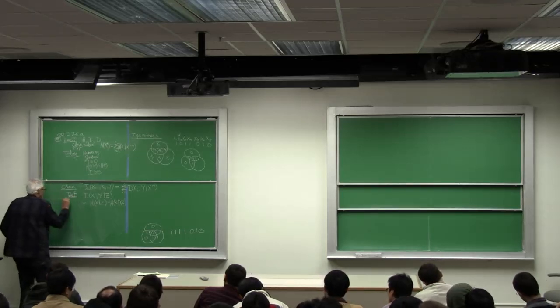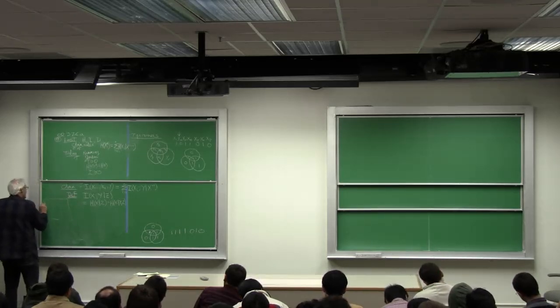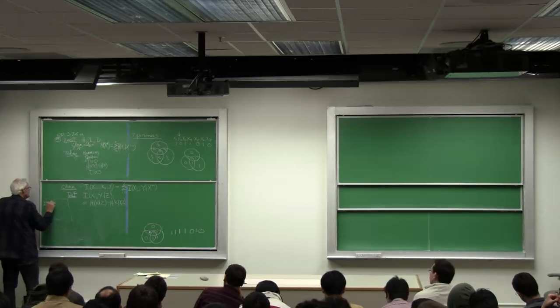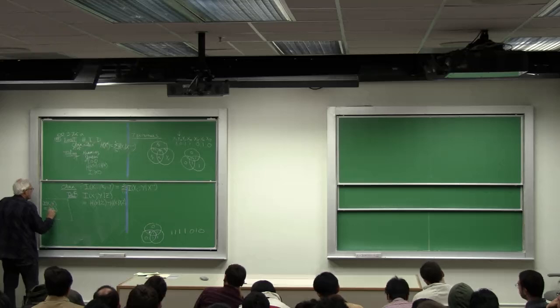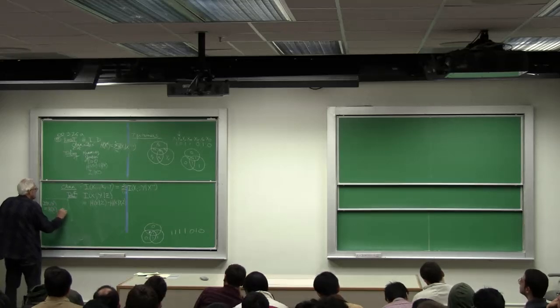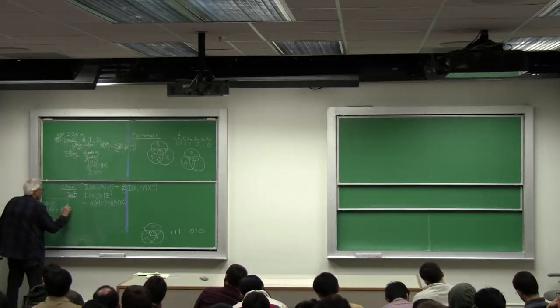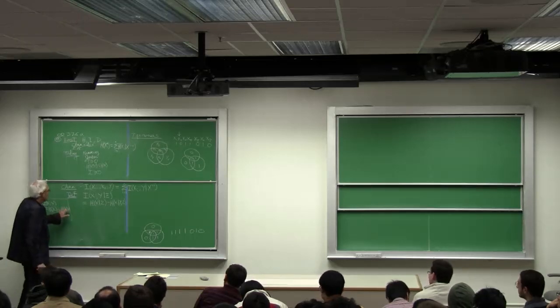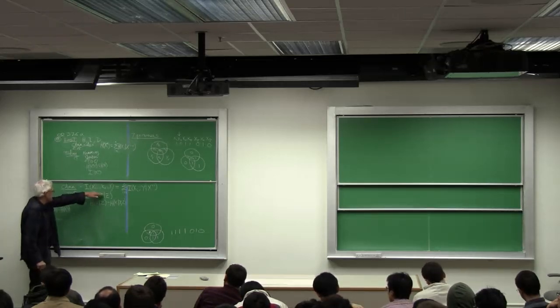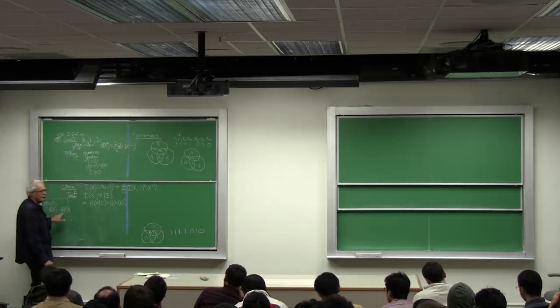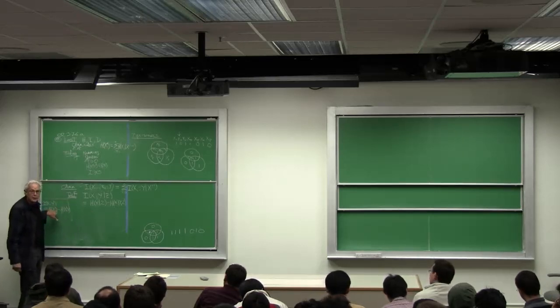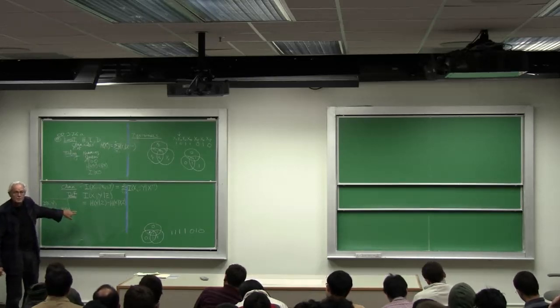Recall, over here, I of x, y is h of x, the entropy of x, minus the conditional entropy of x given y. So this is just the same thing as this, but I've conditioned everything on z.